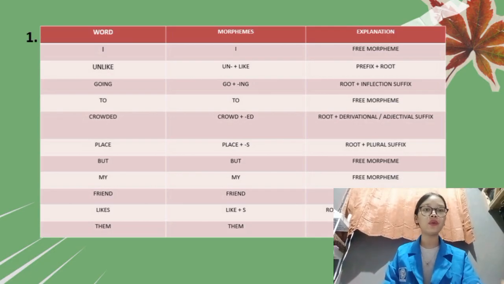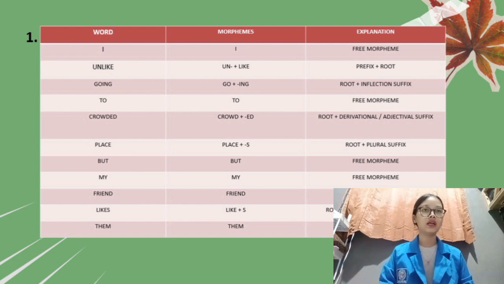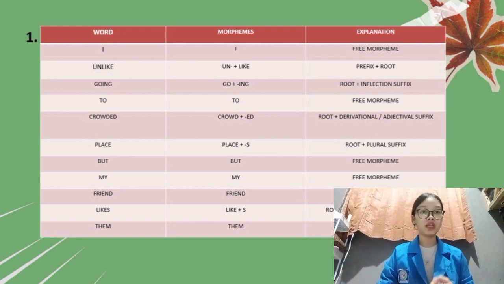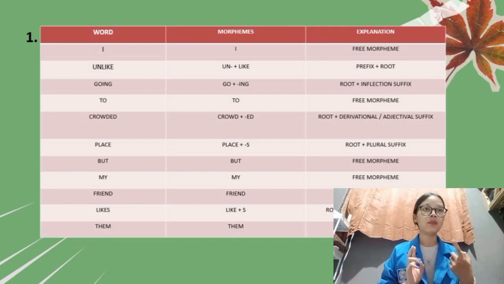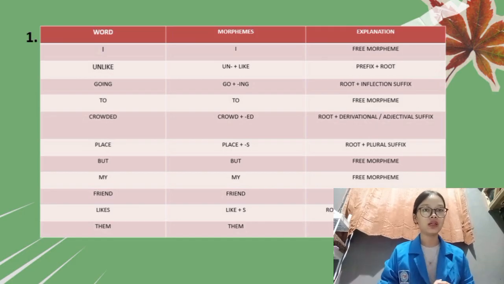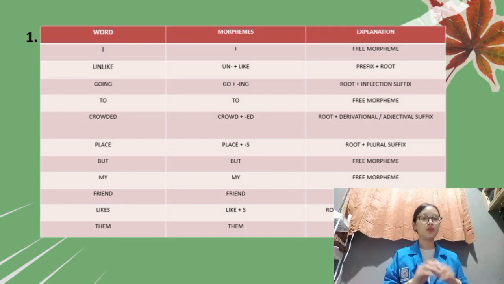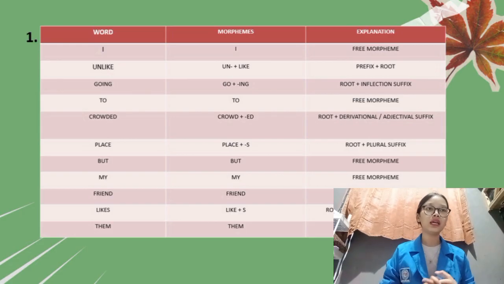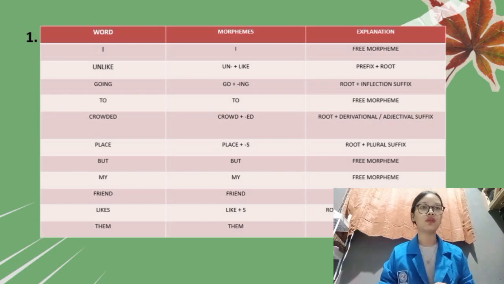So for number 1, the question is identify all morphemes in the sentence. Here we have a table with the word, the explanation of the word, the morphemes, and their explanation. For the first, we have I. The word is I, the morpheme is I, and the explanation is free morpheme.